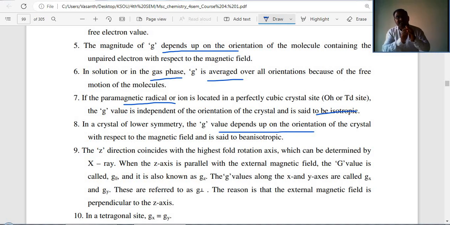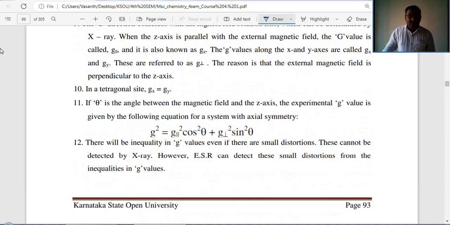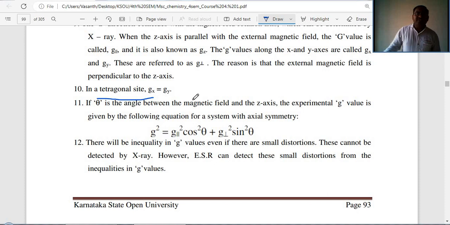The reason is that the external magnetic field is perpendicular to the Z-axis. For a tetragonal site of this molecule, gx is always equal to gy.